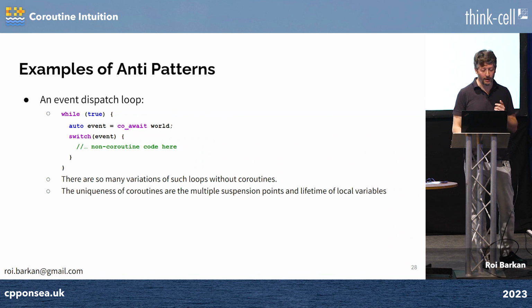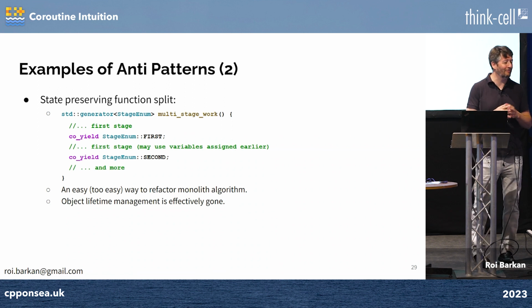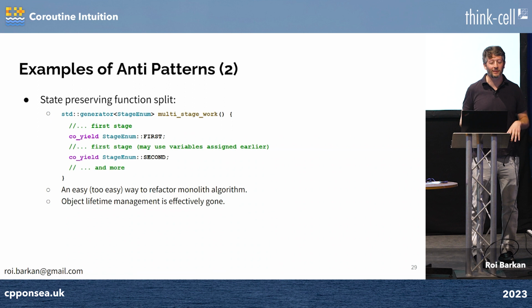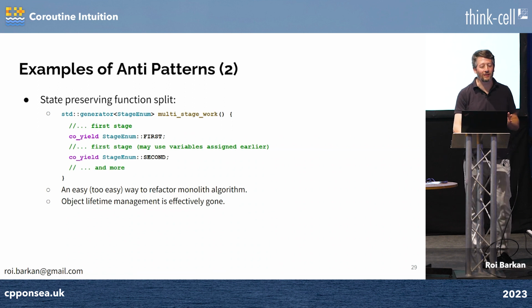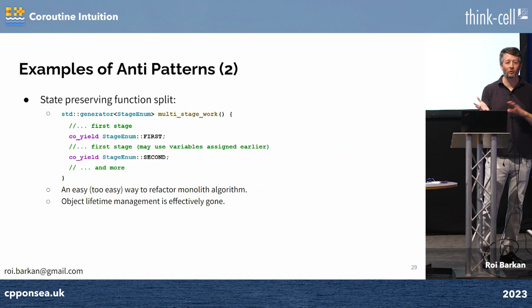And another example is what I call the state-preserving function split. I have a very, very large function that does work in multiple stages, and for some reason I understand that I might need to consult with our caller, or consult with someone, between stages. So I don't want to change the signatures. I don't want to break the function into several sub-functions and work out what information needs to pass in and out of the different phases.